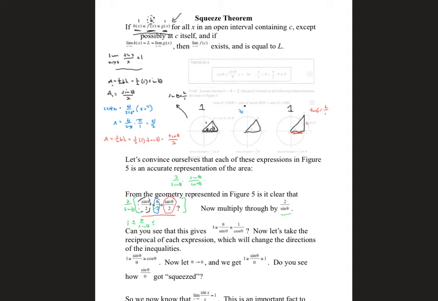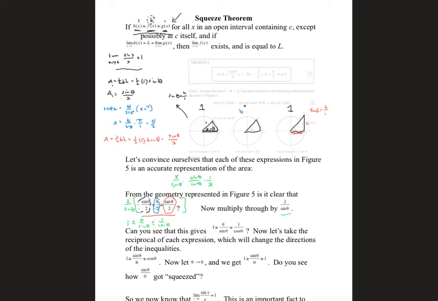And wait a sec, I didn't do that right. To divide by that 2 is to multiply by the reciprocal of 2. I did that wrong. It should be 1/2 here. So the sine thetas will cancel, the 2's are going to cancel, and we'll get just 1 over cosine theta. Okay, so far.